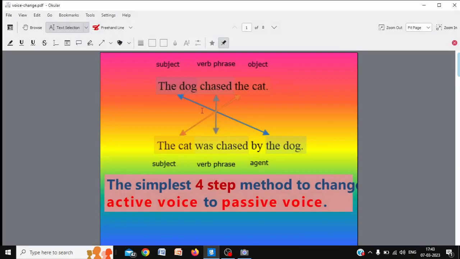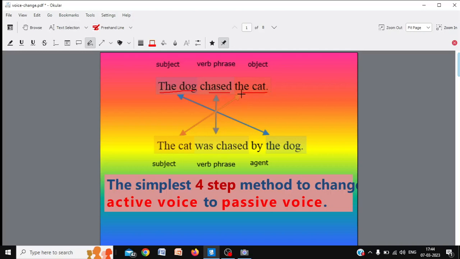Now take the sentence, the dog chased the cat. That's the sentence we have in active voice. Here we have the dog as a subject, chased as a verb, and the cat as object.